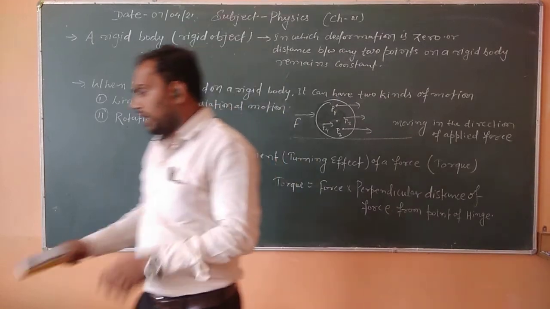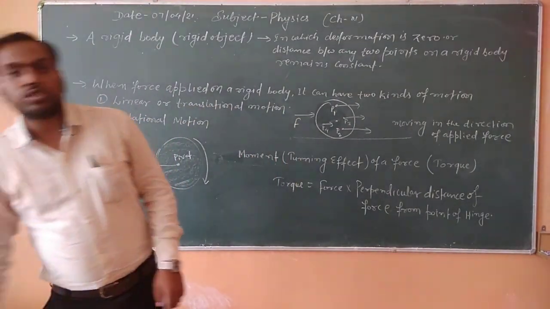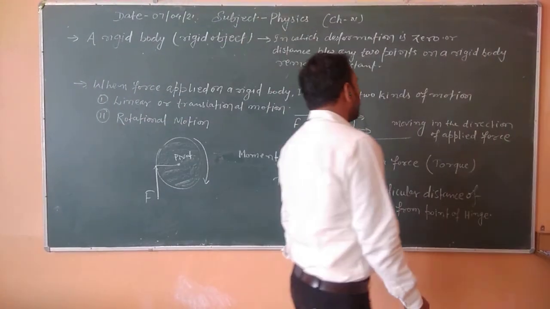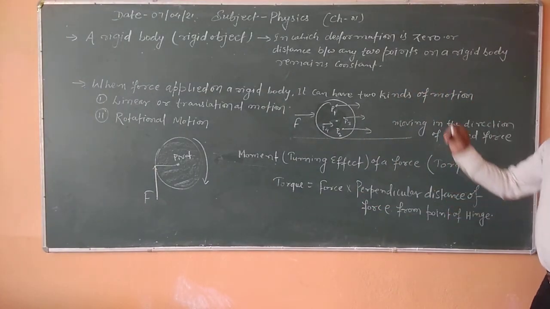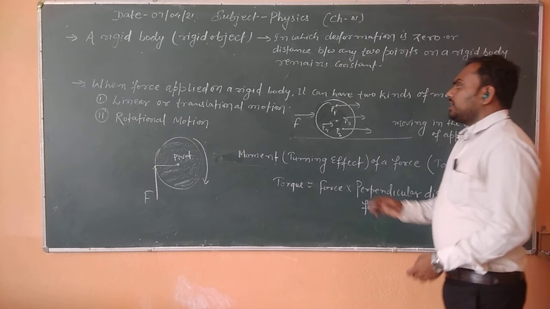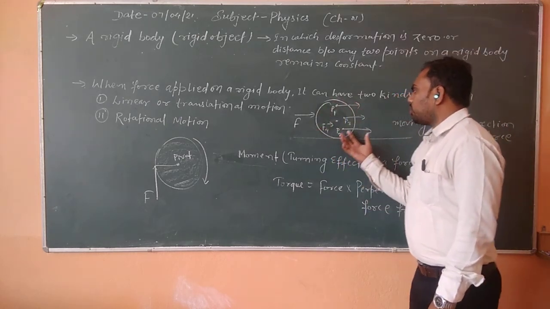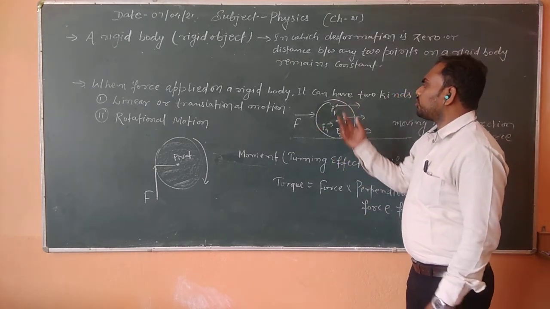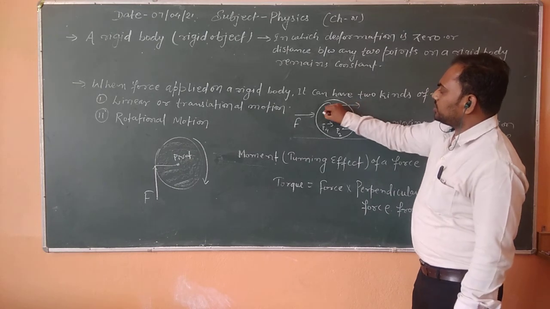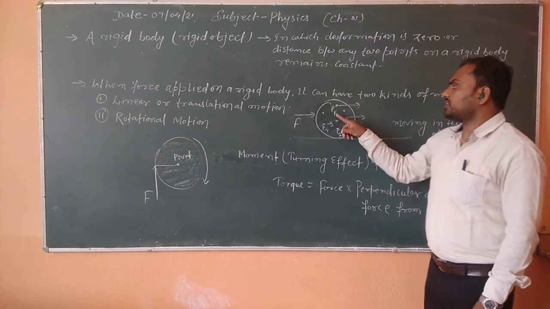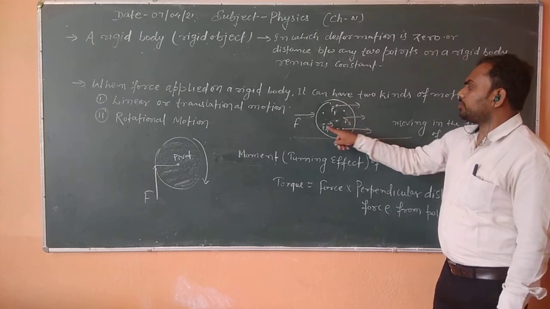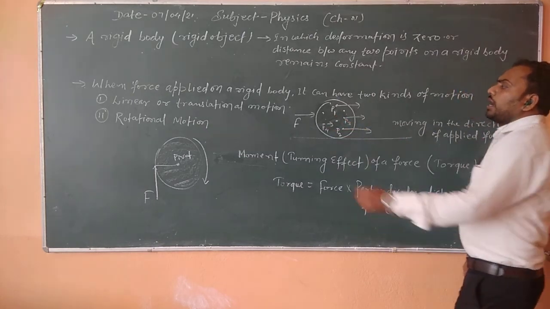You will all ask, a question arises in your mind, what do you mean by translational motion? Let us assume that this is a body having a lot of points. I have marked them as P1, P2, P3, P4, and so on.